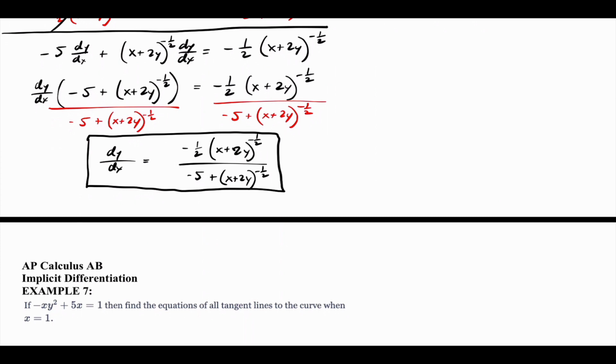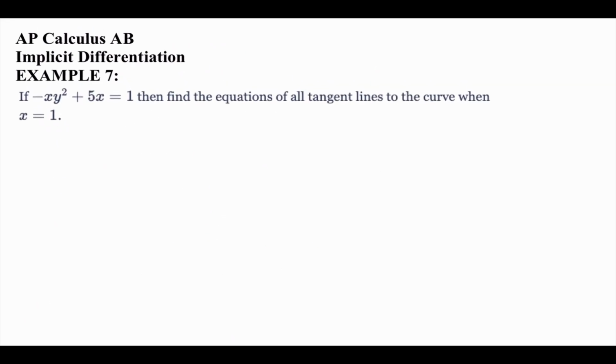Okay. So let's look at number 7. Okay, so we have an implicit equation. And then it says, it gives us a little bit different. It says, find the equations of all tangent lines when x equals 0.